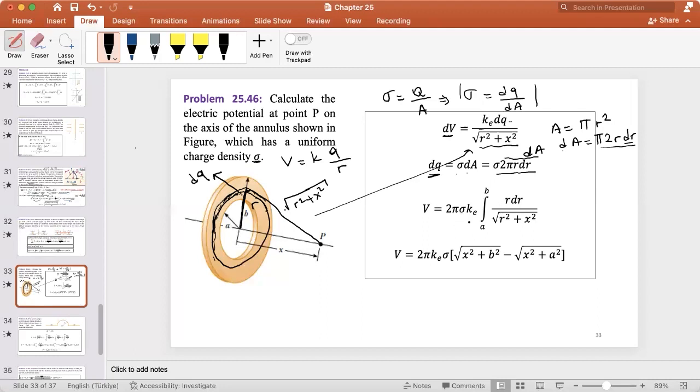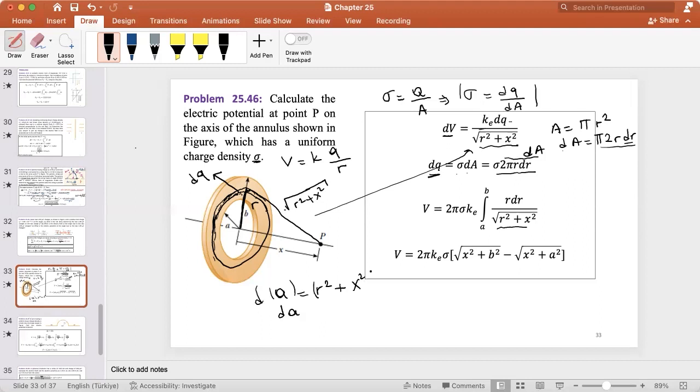We can organize it. How can I take the integral of this part? Do you remember we need to change some parameter? I can write A instead of r square plus x square. Yes, you can write it, and we can change this derivative. I will take the derivative of these two parts.